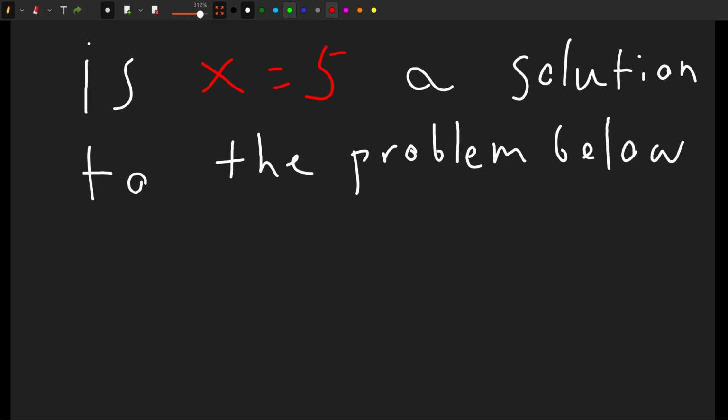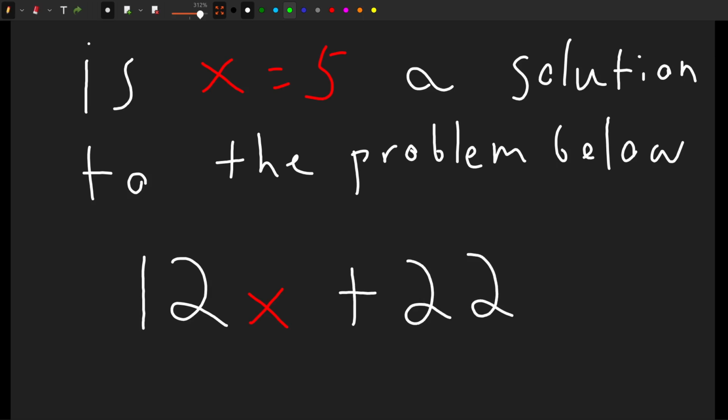Okay. And so the problem we're going to have is 12x plus 22 is equal to 78.